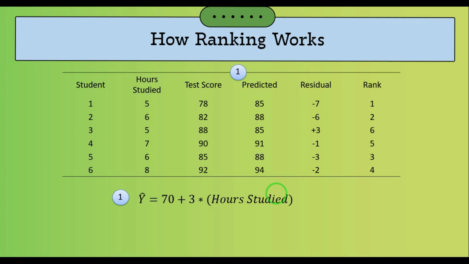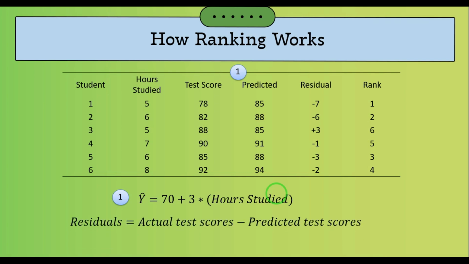For the first student, let's calculate the y hat, or the predicted test score. The hours studied by student number 1 is 5 hours. So y hat would be 70 plus 3 multiplied by 5, which gives us 85. So the predicted test score for student number 1 would be 85.